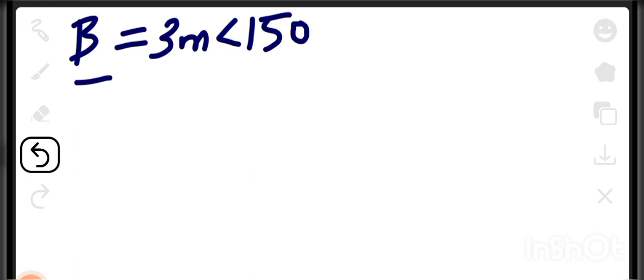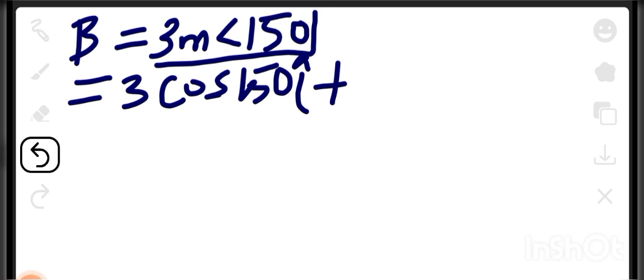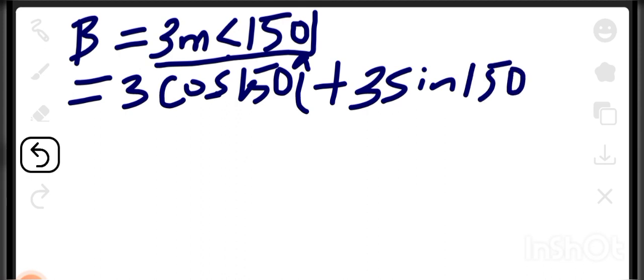So for this one, it is going to be 3 cos 150. This one is for x. That's how to interpret this polar form. Plus 3 sine 150, then this one is for the y axis. Then you put j.